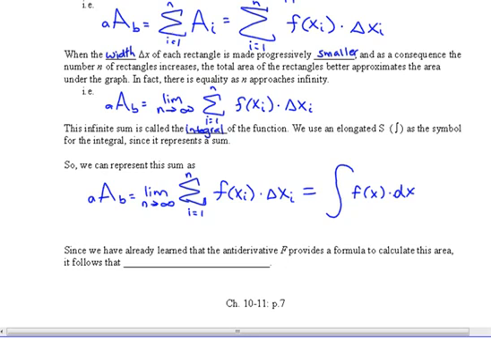And so essentially though, area under the curve is still the antiderivative. So it's just a different notation talking about the infinite sum, another way to calculate. So the integral is also the antiderivative.